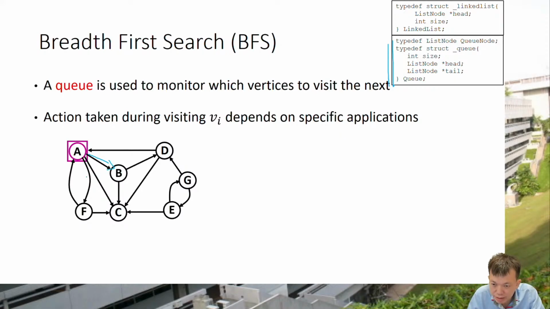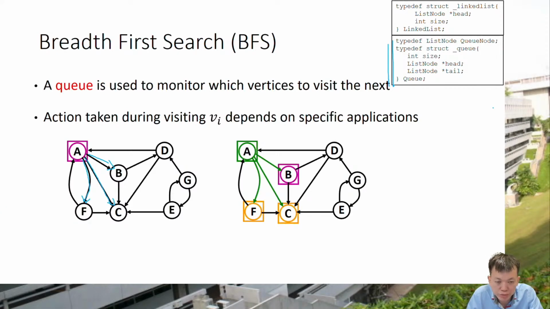A's neighbors: I can visit B, later I can also visit C first, then I can also visit F. B, C, F, these three. To ensure your code always generates the same result as mine, I have to define the order clearly, saying that the order is B, C, F. There's no right or wrong to visit B first or C first or F first.